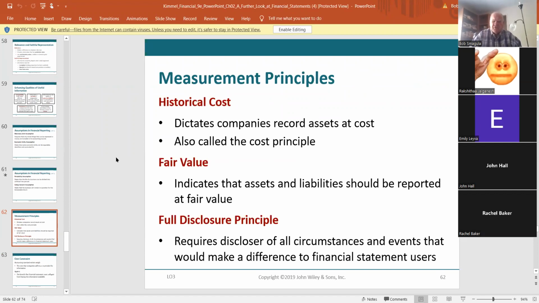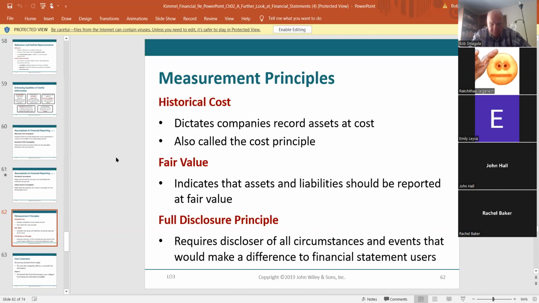Everything on your balance sheet is costed at what you paid for it. If you bought a machine for $1,000 and that machine suddenly had a value of $3,000 for some reason, you're not allowed to show a gain on the increased value of that machine. You can only show that gain when you sell it.